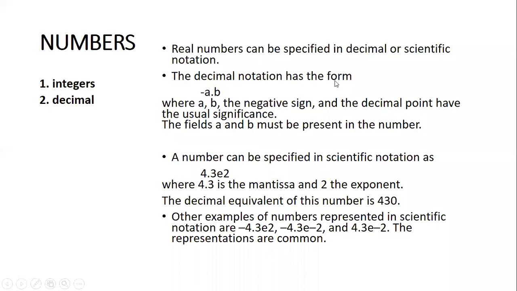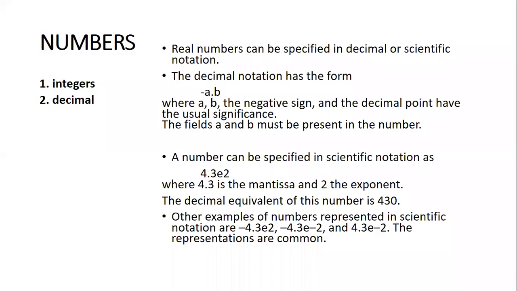In decimal notation, you can write the number as minus a dot b, which represents that this is a negative number. A is the integer part and b represents the decimal value. Here a dot b means you should write a number, not a dot b. I've written it as a dot b as an example. It can be minus 2.3, minus 4.8, something like that.